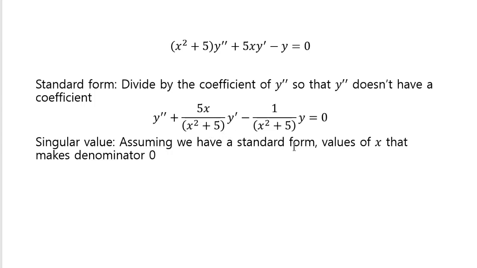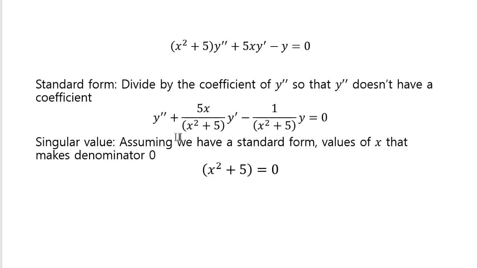Then both 3 and 2 will become singular values of this differential equation. When the denominator equals 0, the differential equation is ill-defined and something will happen there. That's exactly why we have such a thing called singular values.